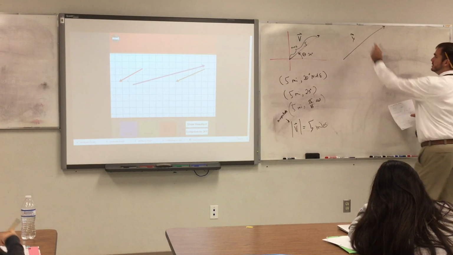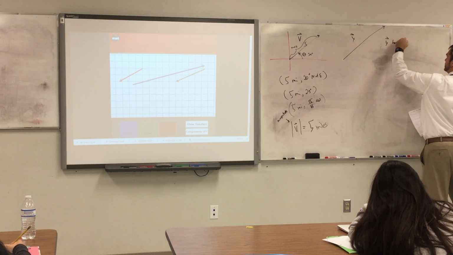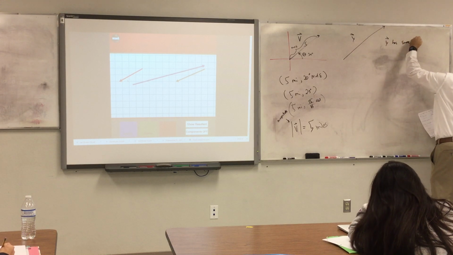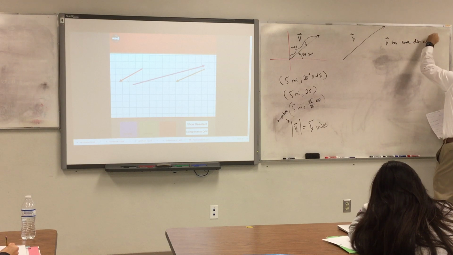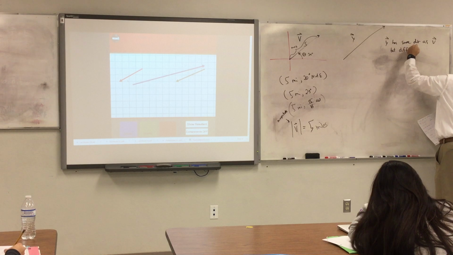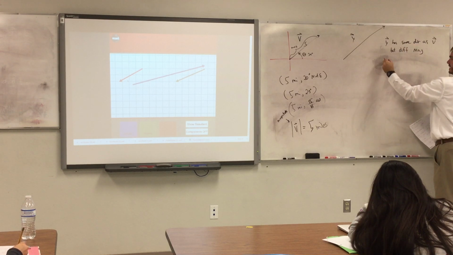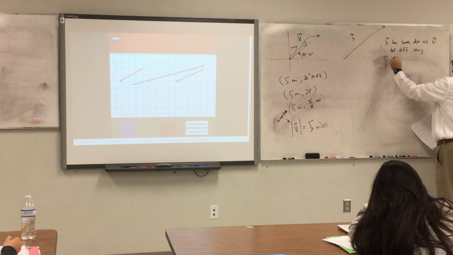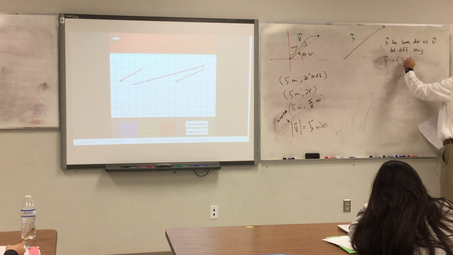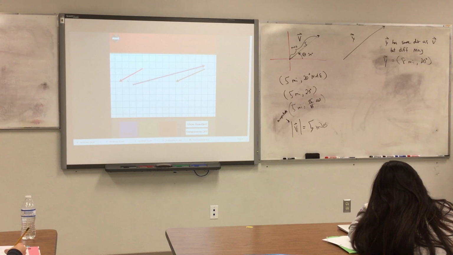So vector y has the same direction as vector v, but a different magnitude. If we were guessing, vector y might be something like 8 miles at 20 degrees, because it's longer.